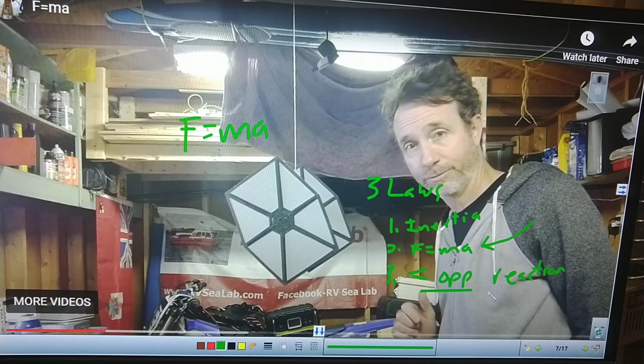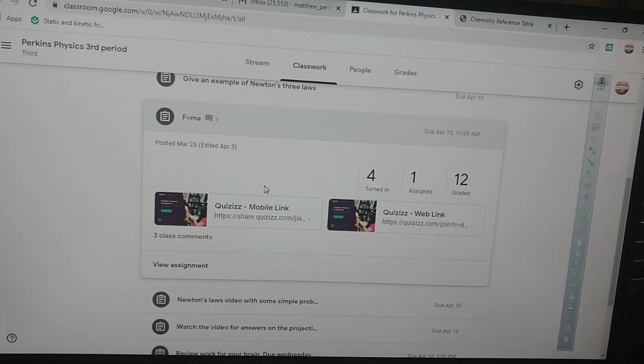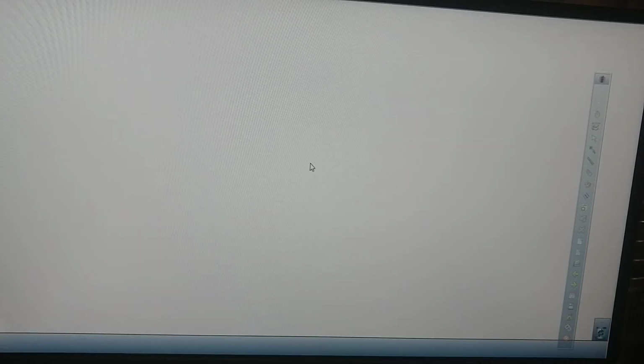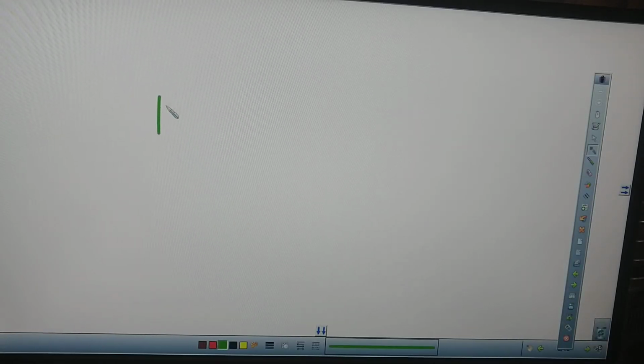Now, how did we do this in class? When I pushed and pulled on objects, okay? That's the first thing. The next thing we did was a short quiz on F equals ma. That has since expired, but I'll give you a couple of examples right here. Force is equal to mass times acceleration.